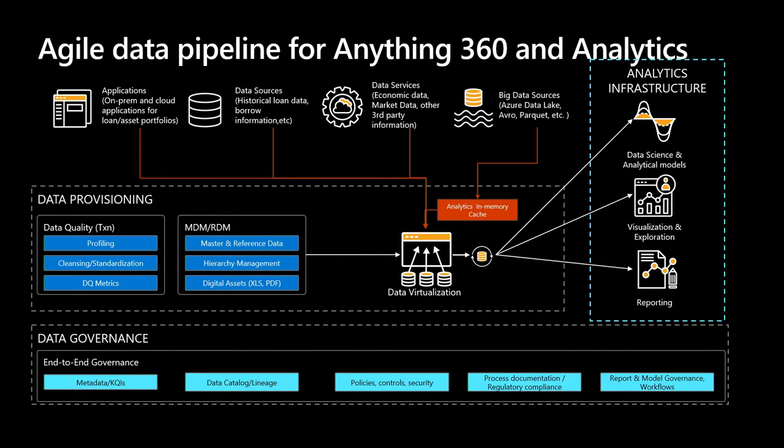So this is a high-level architecture of maybe what it could look like in your organization. I realize this is probably difficult to see, but what we have here is EBX doing some of the data governance, some of that data provisioning, from a trust and MDM and reference data management perspective. You have all your disparate data sources along the top that could go into data virtualization.